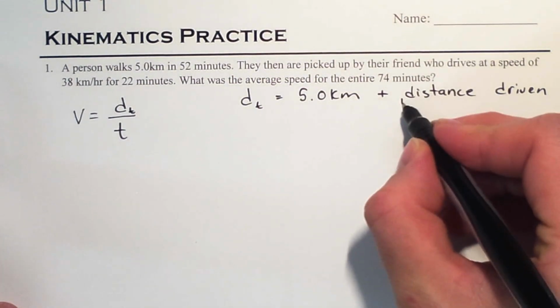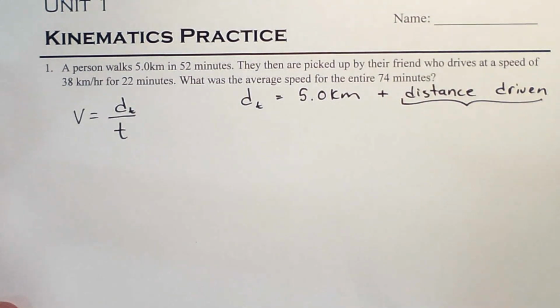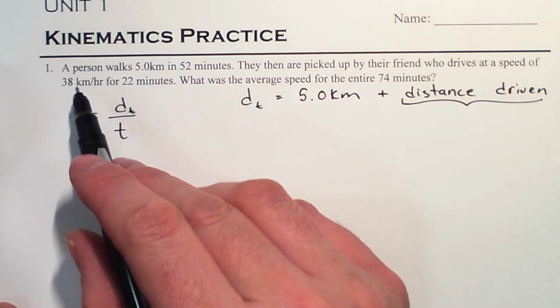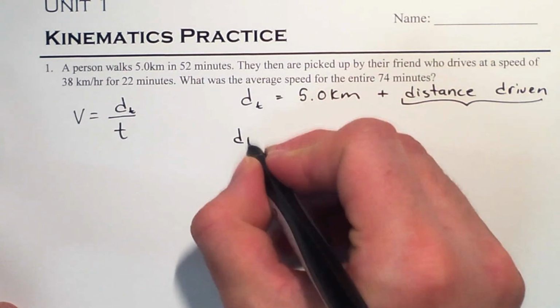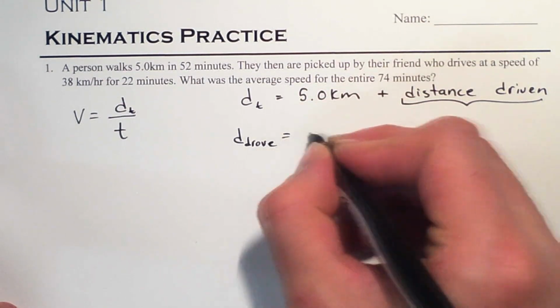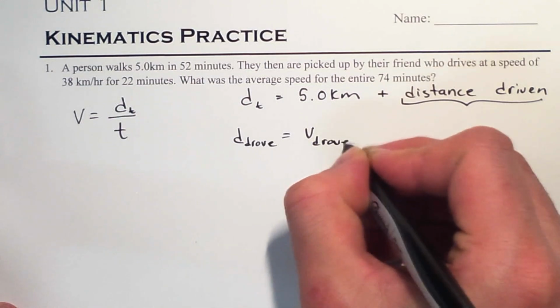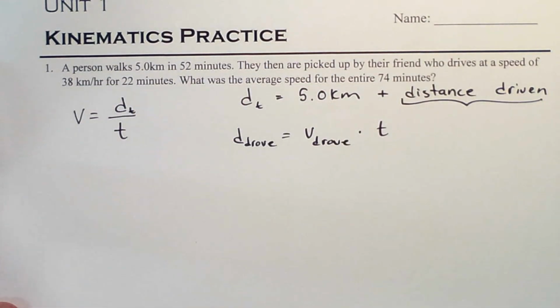So to calculate this part, we just need to realize that hopefully it was a constant speed, and it was. So the distance drove is equal to the velocity drove times time.